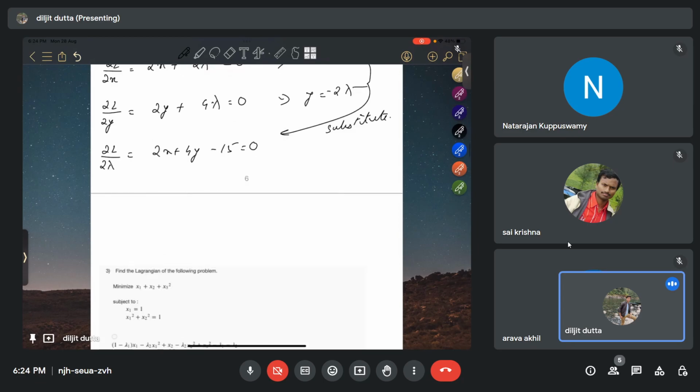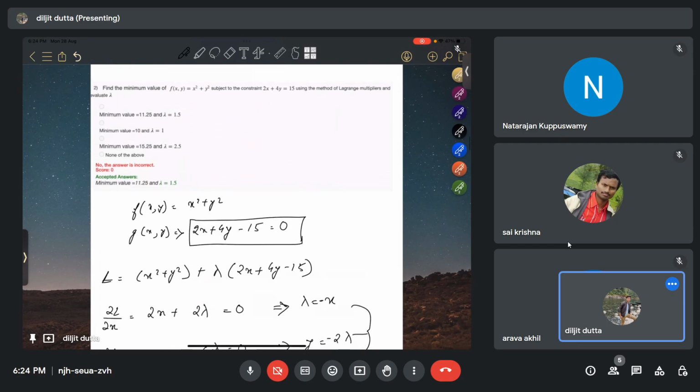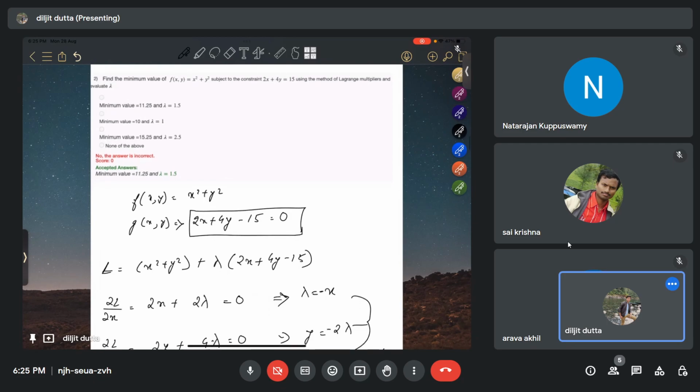So it is equal to 2 into minus lambda plus 4 into minus 2 lambda, which gives 10 lambda is equal to minus 15, lambda is equal to minus 3 by 2. Did I do some mistake?